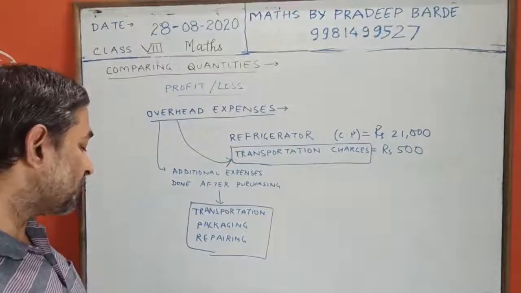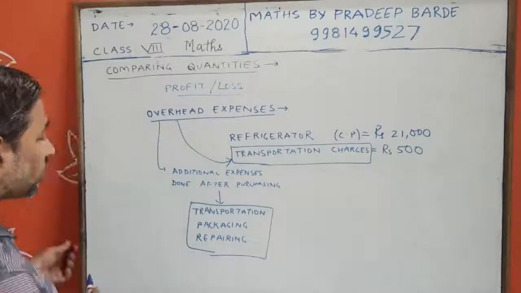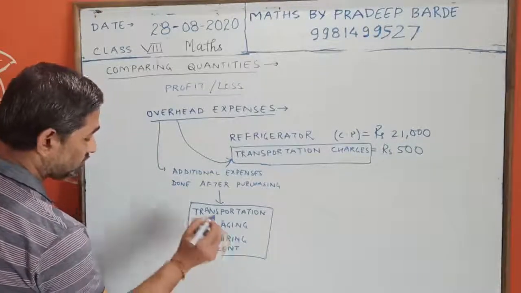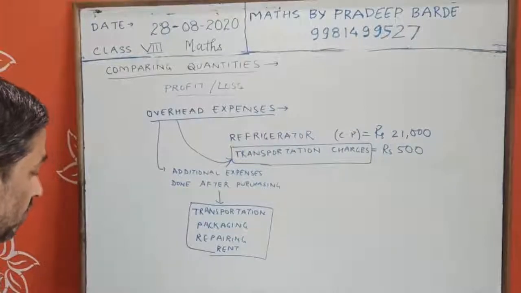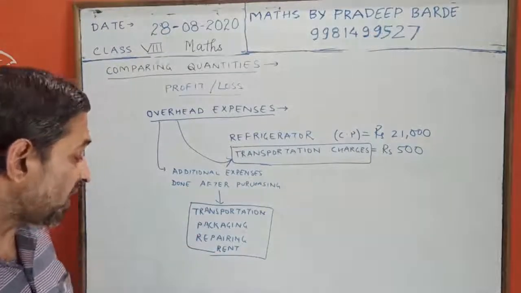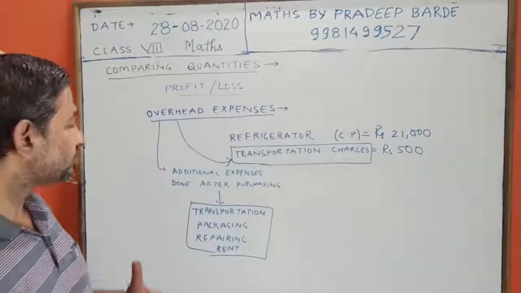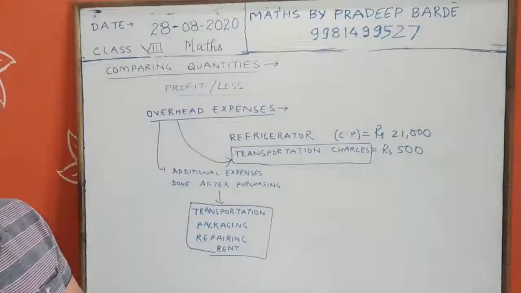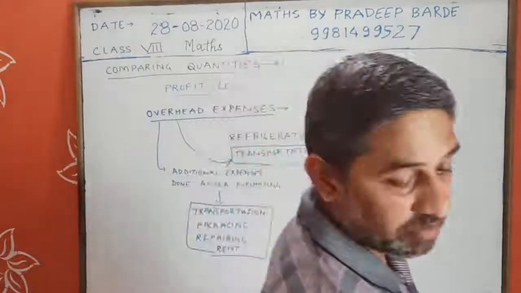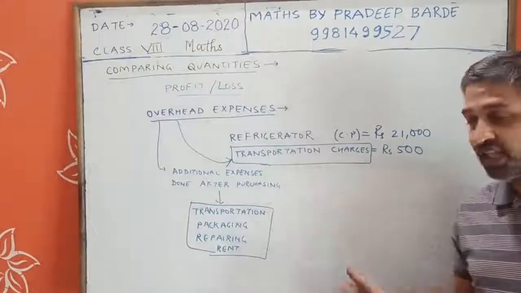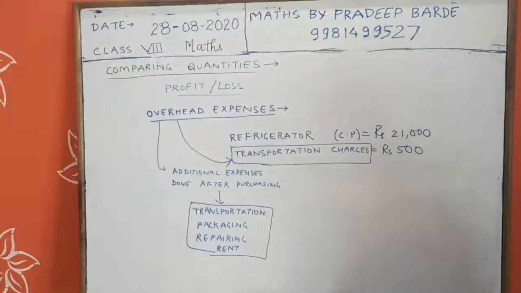So basically it includes rent also, rent of the shop. So after purchasing some item, some additional amount is spent on that particular item. This additional expense is known as overhead expenses.